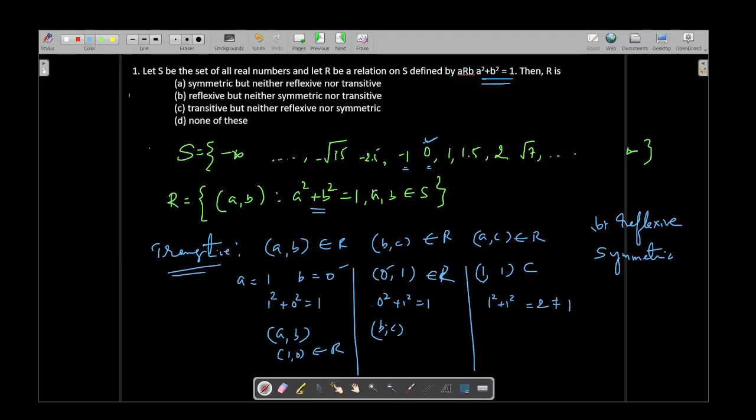So this cannot be a member of R. This one example is enough for us to say it is not transitive. So the only option is that it is only symmetric. Option A says it is symmetric but neither reflexive nor transitive. Let's move on to the next problem.